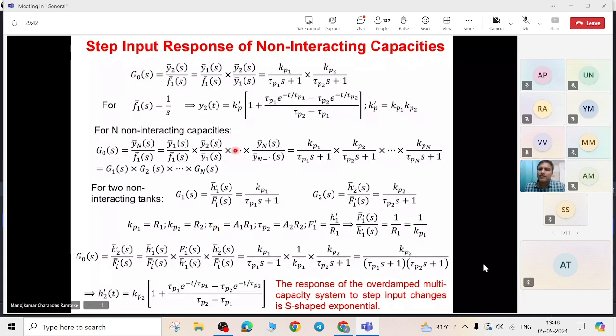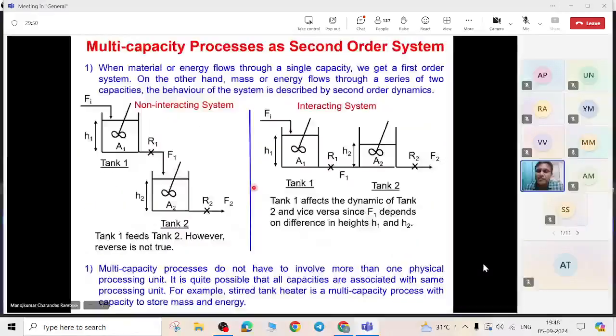Now this particular discussion, let's look at it in the context of a two tank system, isn't it? So in this case, this is the non-interacting two tank system. Here you can see that the inlet to the first tank is Fi. Then the outlet, if I'm looking at tank 1, is F1.